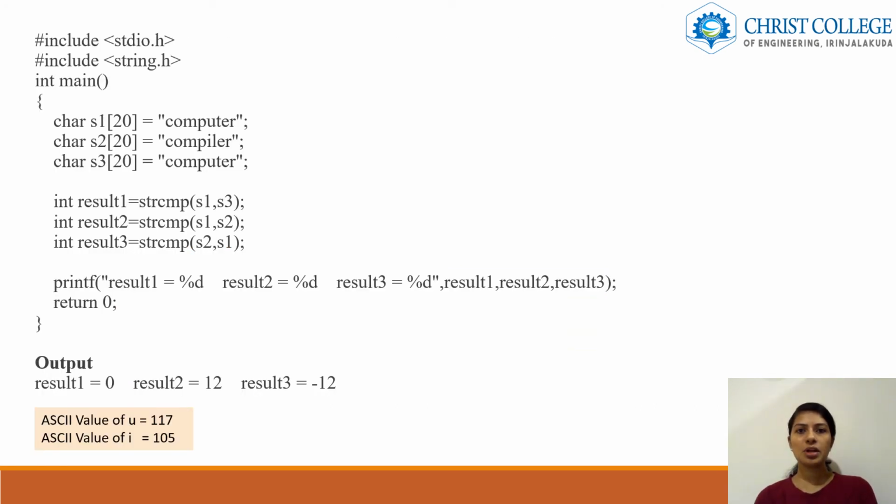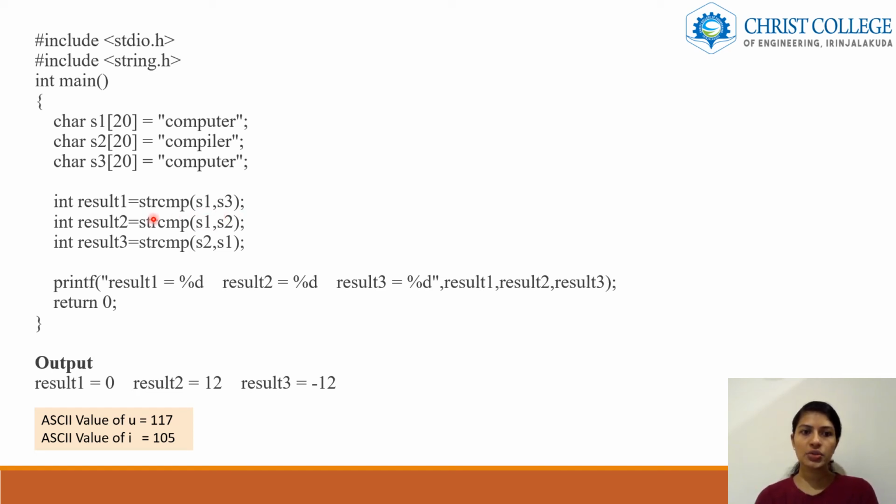Let's see an example of strcmp function. So in this example program, three strings are declared: S1, S2 and S3. S1 is initialized with computer, S2 is initialized with compiler, and S3 is initialized with computer. Now these are the function calls strcmp of S1, S3.